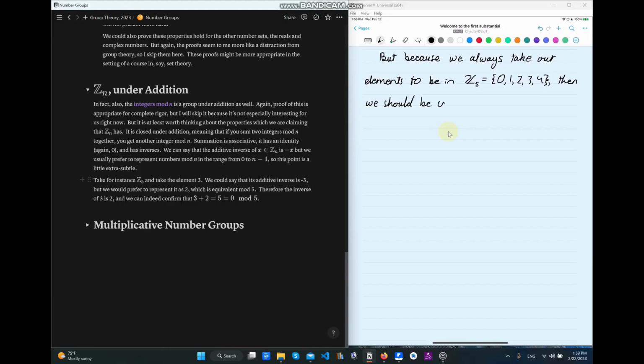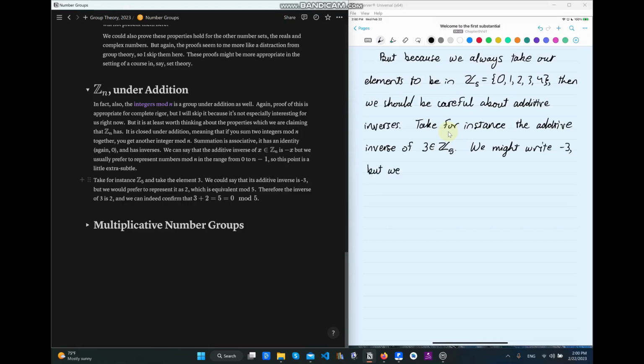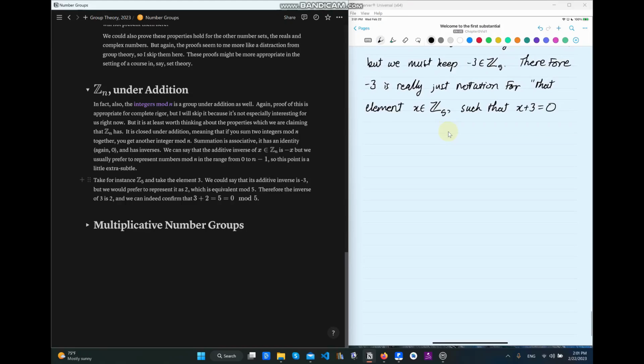But because we always take our elements to be in Z mod 5, which is 0 through 4, we should be careful about additive inverses. Take, for instance, the additive inverse of 3 in Z mod 5. We might write negative 3, but we must keep in mind that negative 3 is really just notation for that element x in Z mod 5 such that x plus 3 is 0, the identity.